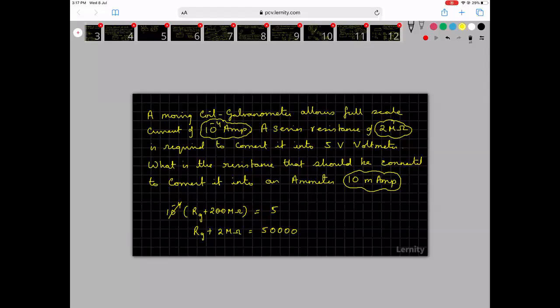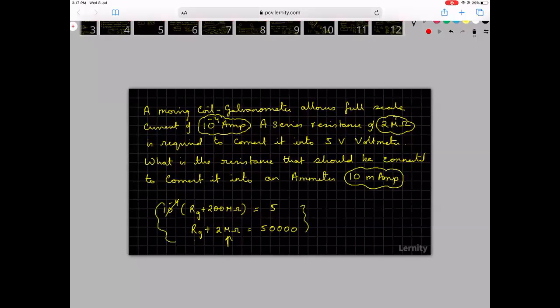Yeah, so this is a wrong question. Basically, it should have been kilo ohms or something. Why? I'll tell you, because mega refers to 10 power 6. So the moment you put 10 power 6, Rg will become negative. So this is a wrong question which came in the exam, but we can still work it out.